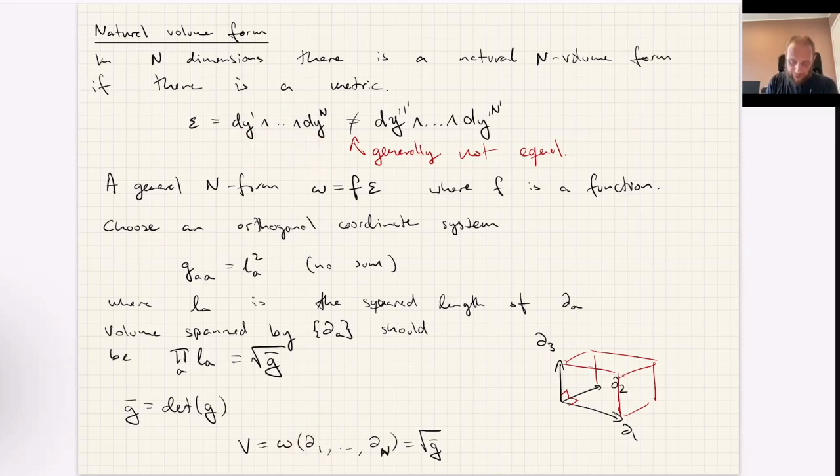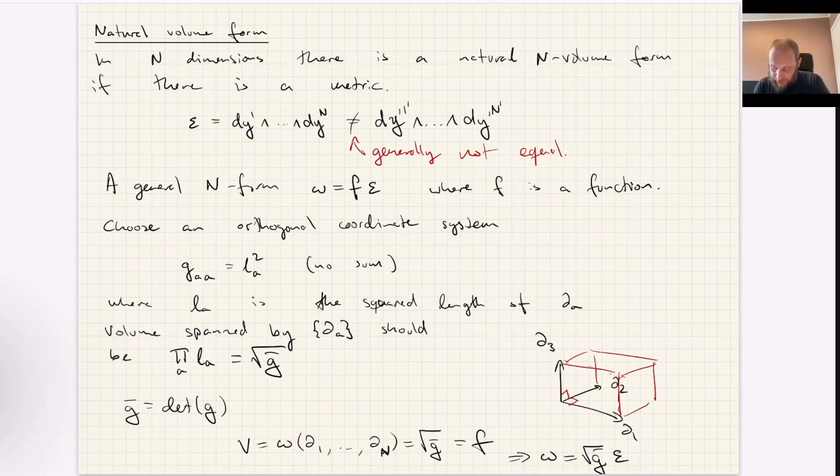So the epsilon here of ∂1 through ∂n is equal to 1, so I'm only left with f. So this must be equal to f. So indeed, this means that the natural volume element is the square root of the metric determinant times this epsilon.